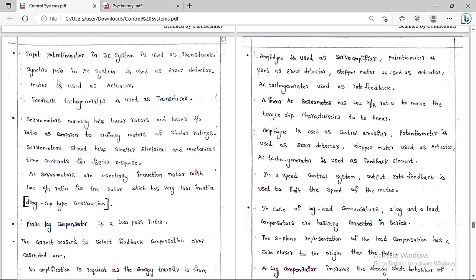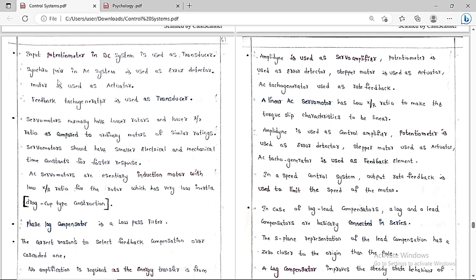Whereas a synchro pair in an AC system is used as the error detector. It is going to act like an error detector. Whereas the motor is basically used as the actuator. Whereas the feedback type of generator is basically used as a transducer. Here the input is the mechanical motion, meaning the rotational effect, the speed of the shaft, and the output is the electrical voltage.